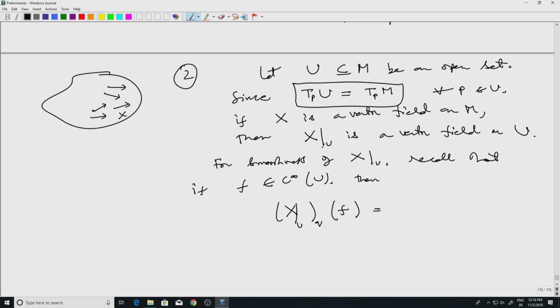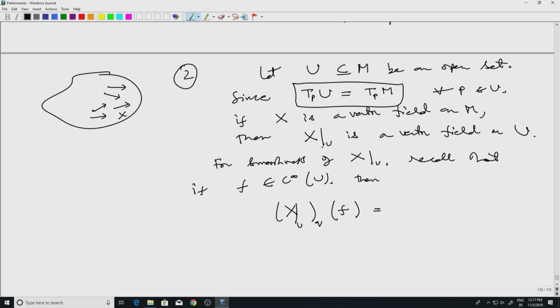The point is that a tangent vector to U will act on C infinity functions which are defined on U, not necessarily on all of M. But we saw that we can always extend any such function on U close to a point to a C infinity function on M such that the extension agrees with the original one in a neighborhood of any given point Q. That was our process.